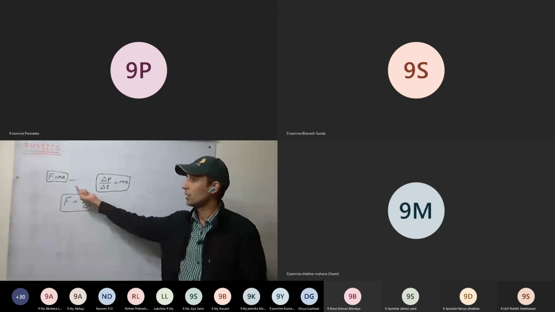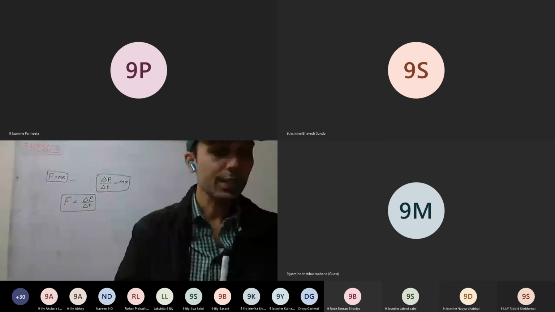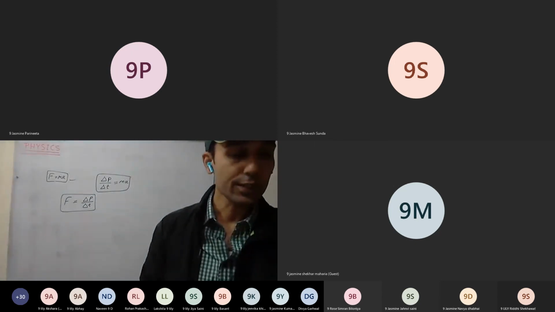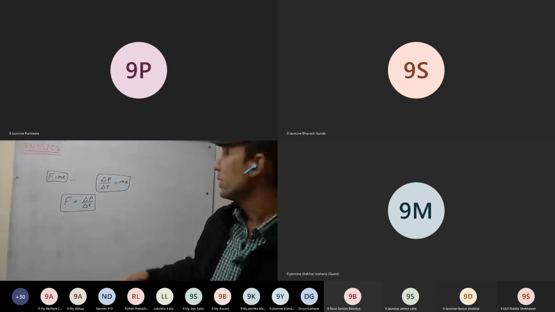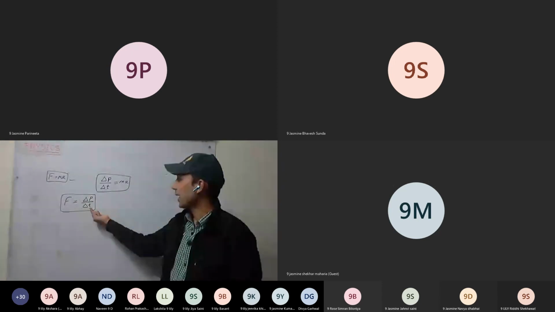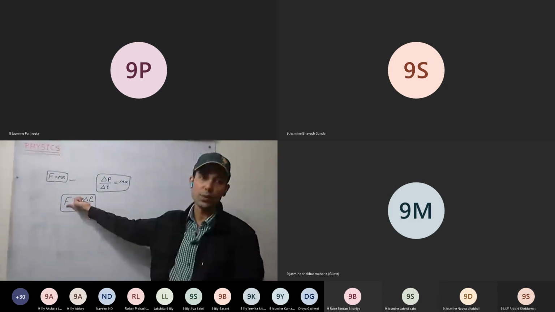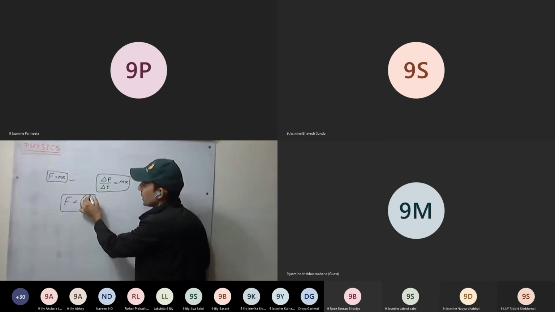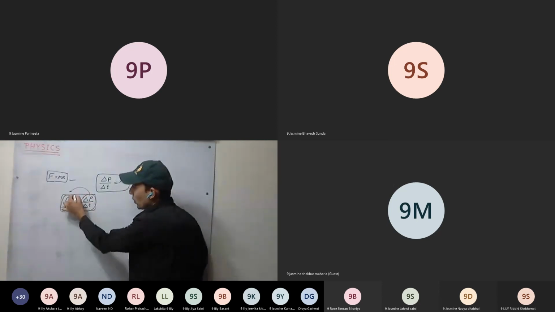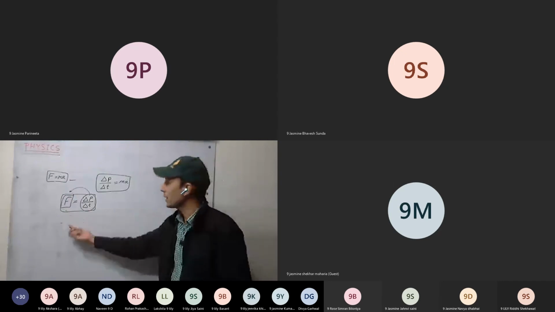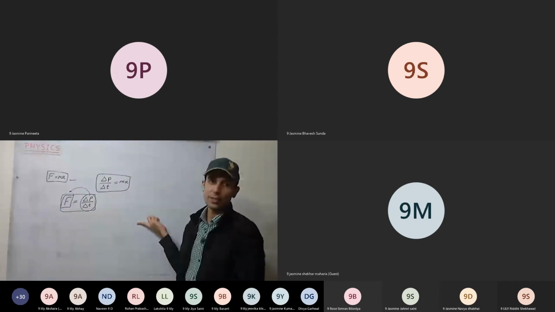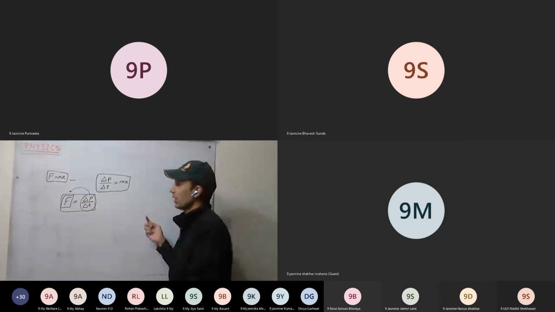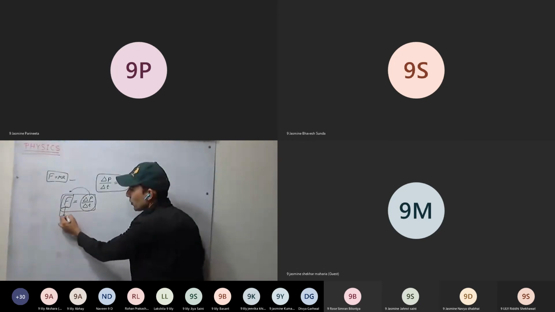They are equal. So here Newton's second law can be stated as: according to Newton's second law of motion, the rate of change of momentum is directly proportional to the force applied on the body. And the change takes place in which direction? In the direction in which the force is.